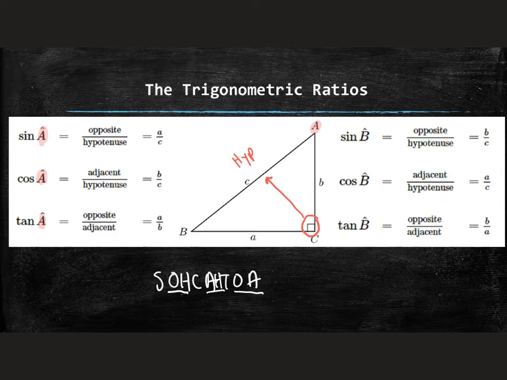The second set of relationships that we could look at is if I was standing at corner B, and the B relationships would have their own sets of opposites and adjacents. So if we do an example of one of these, if I was standing at corner A and I was looking for the sine of A, I would be speaking about its opposite and hypotenuse, so A over C, which is what we can see happening here.